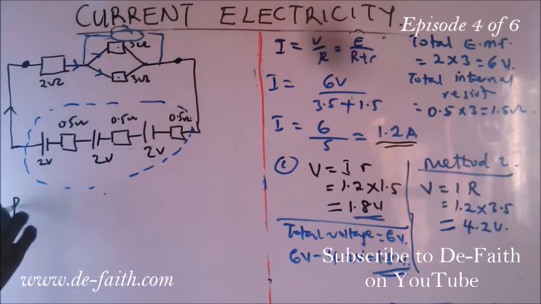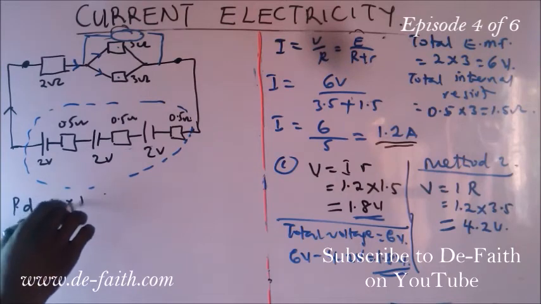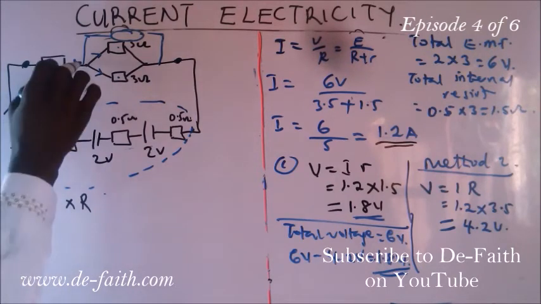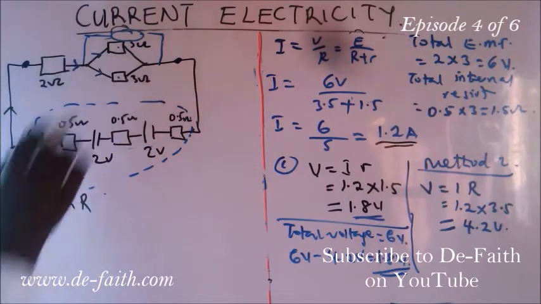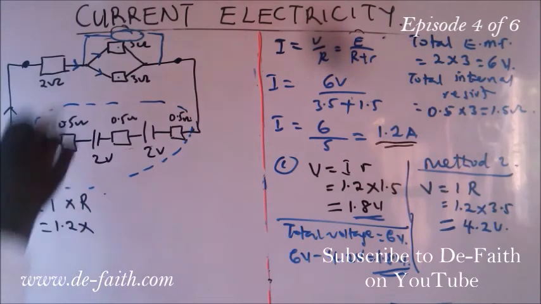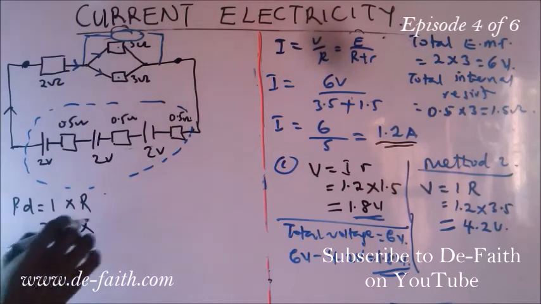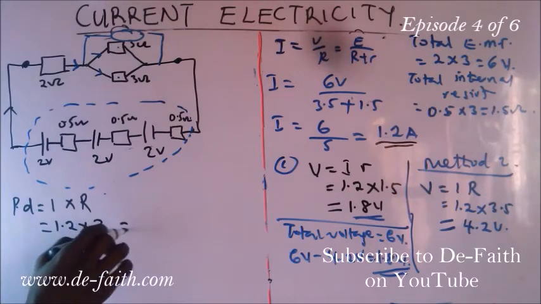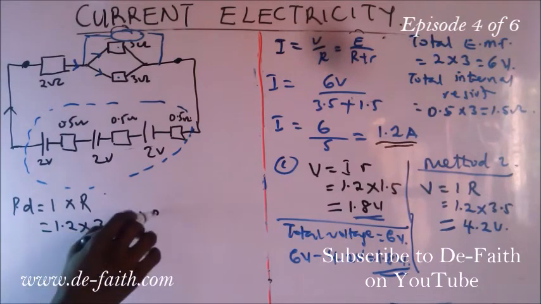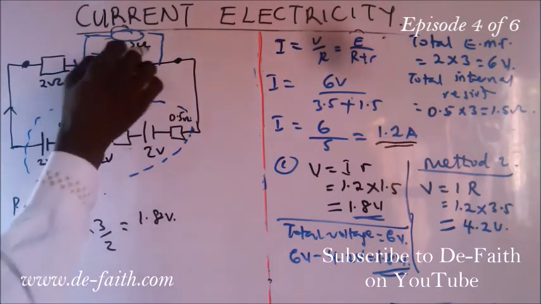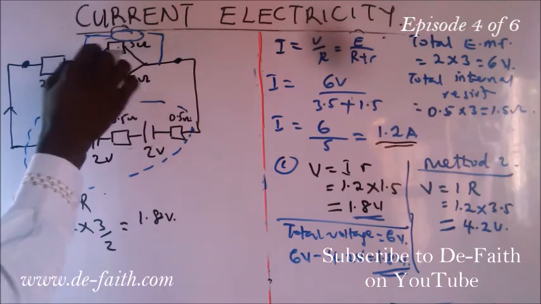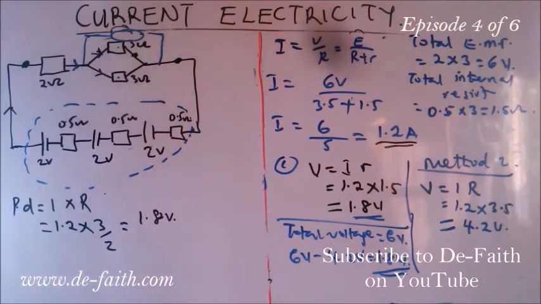So we have that the potential difference across it equals the current times R. The current flowing at this point will be 1.2 times the total R of this, which is 3/2. When we multiply this out, we have 1.8 volts. Now this particular potential difference is what we are going to apply to each of the resistors.